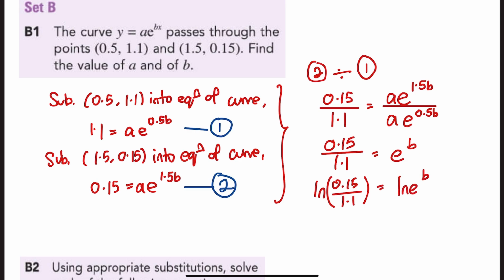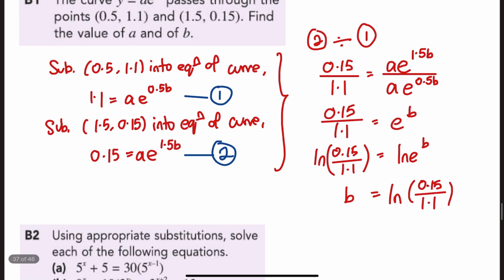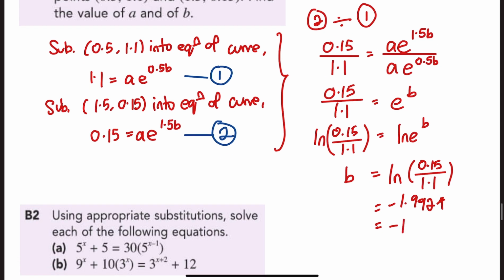Therefore, I can bring the unknown power down. Ln e is simply 1. So this means that b is equal to ln of 0.15 over 1.1. Press this in your calculator and you will get about negative 1.9924. Rounded off to 3SF, your answer for b should be negative 1.99.